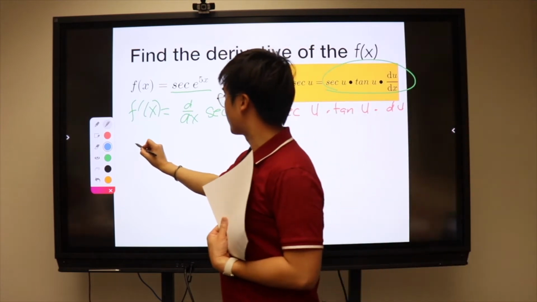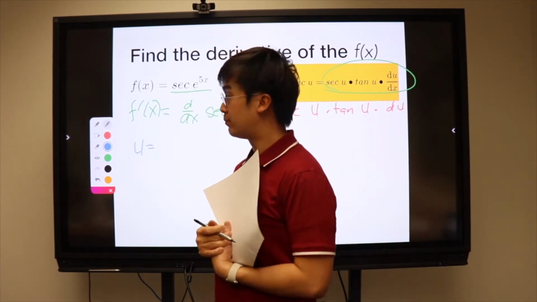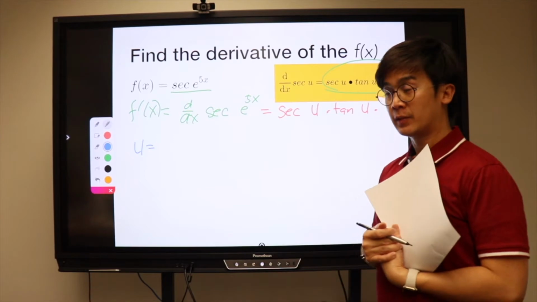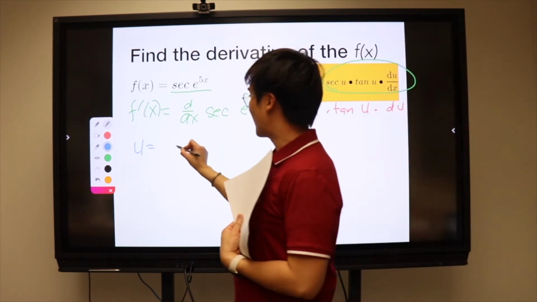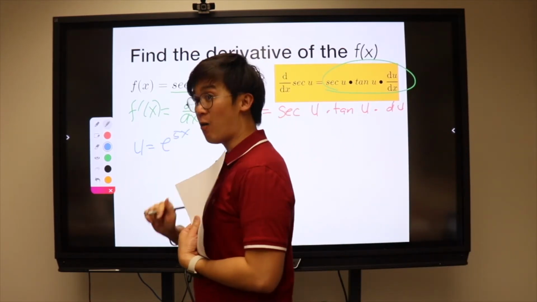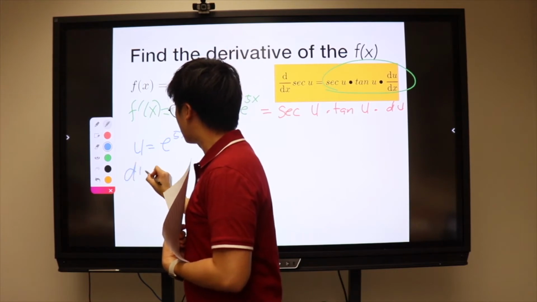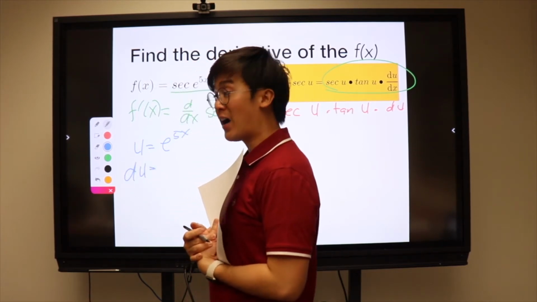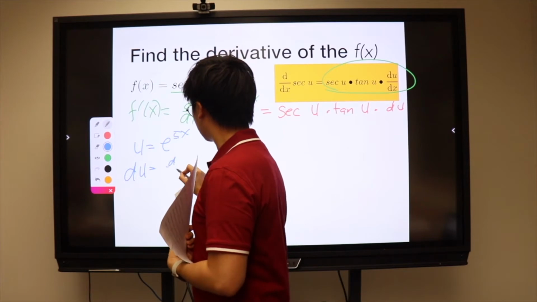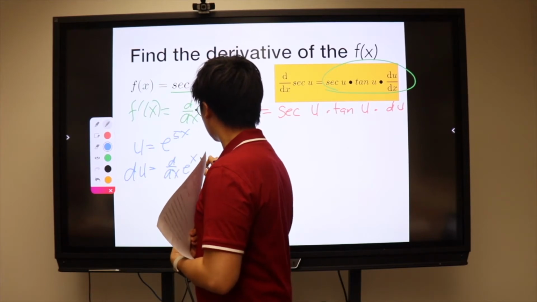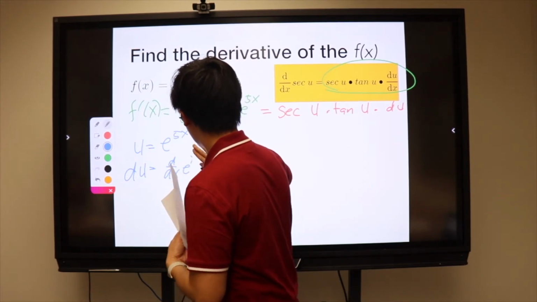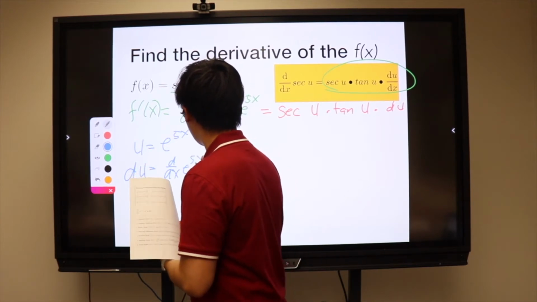And what is u? E to the 5x. Yes. Now, what is the derivative of e to the 5x? Do you still remember how to take the derivative of e to the 5x?